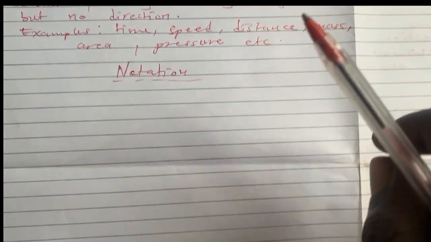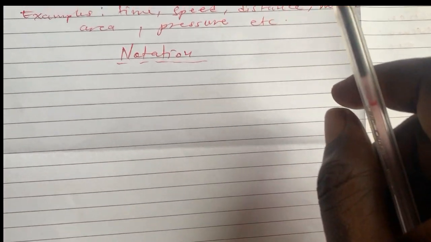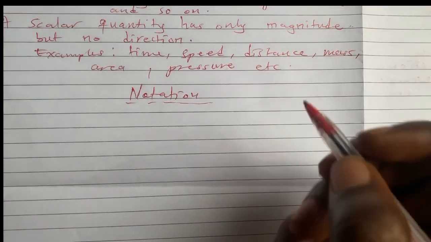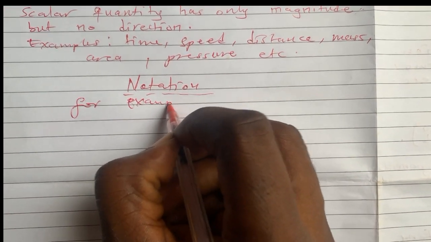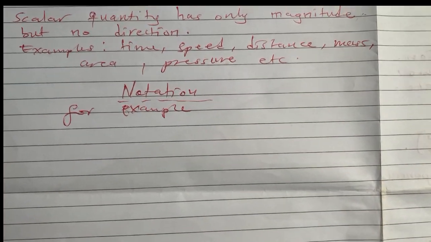Let us talk about some notation of vectors. Free vectors are denoted by a pair of block letters and an arrow. For example, AB.